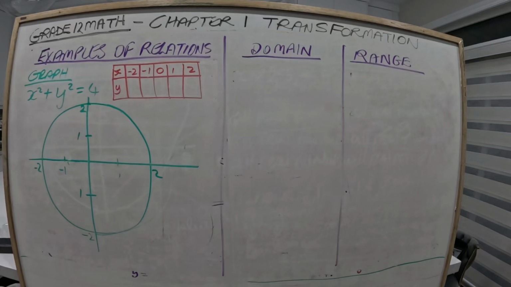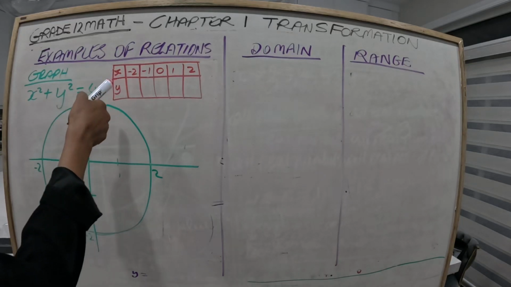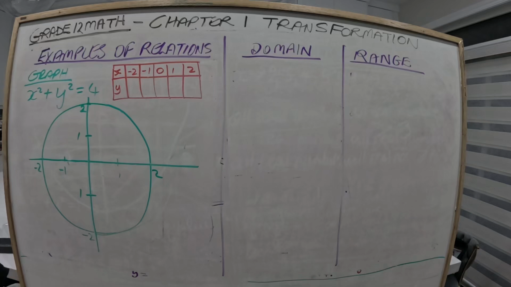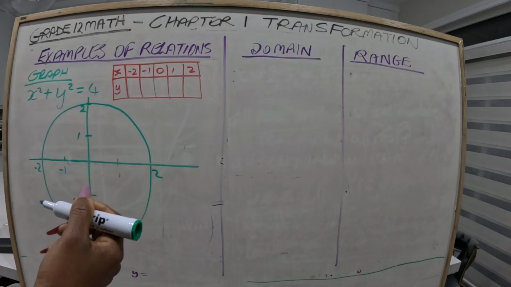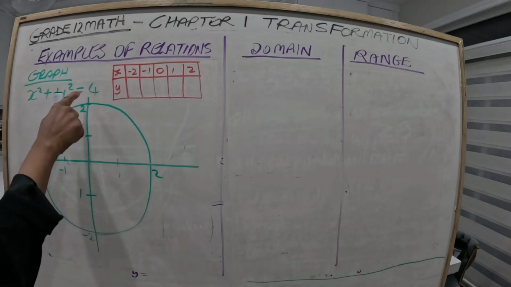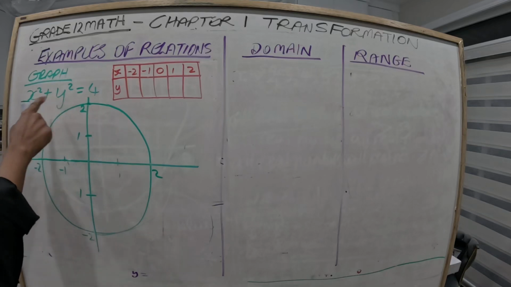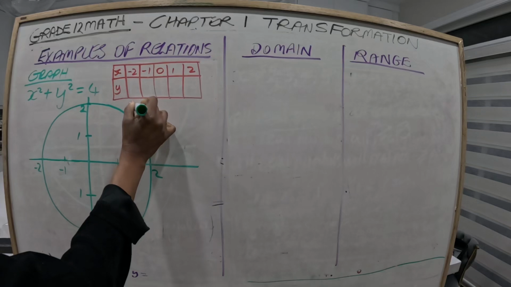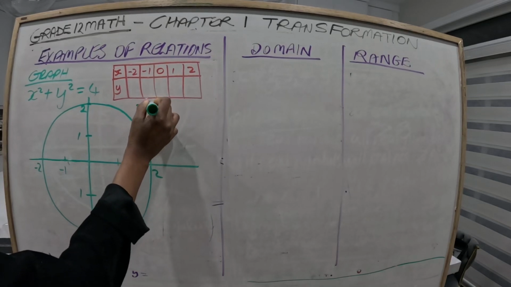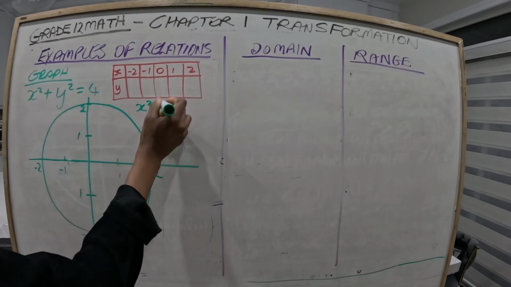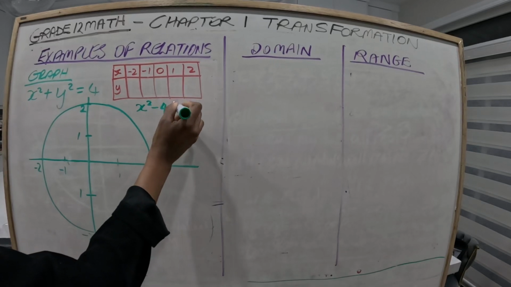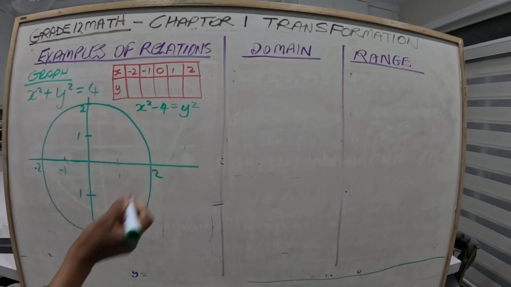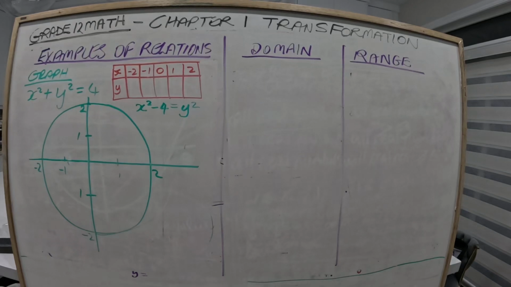So when x is -2, and again, this equation we have to do something else, because this equation is hard to solve like this without rearranging it. So we have to rearrange it. We have to say x squared minus 4 is equal to y squared. So when we do that, then we can solve.